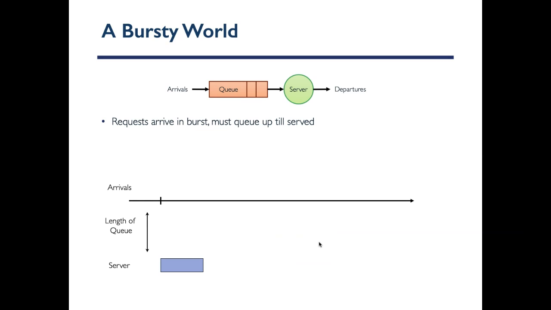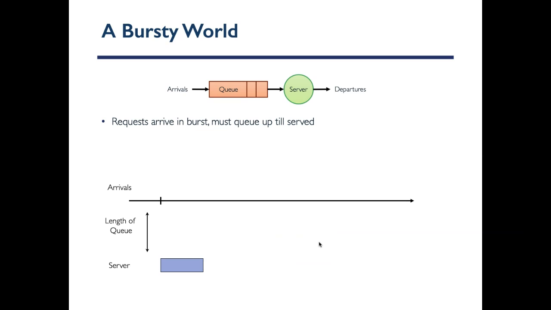Here is almost the same setting. Instead of one arrival every X unit of time, let's say 5 of them arrive at the same time, but then it takes 5X time for the next burst.